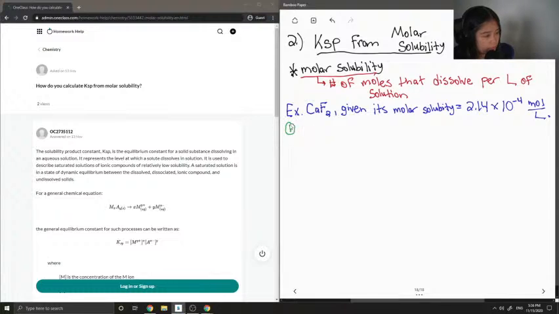Step 1 on answering these questions is to write out the chemical equation for the substance dissociating.